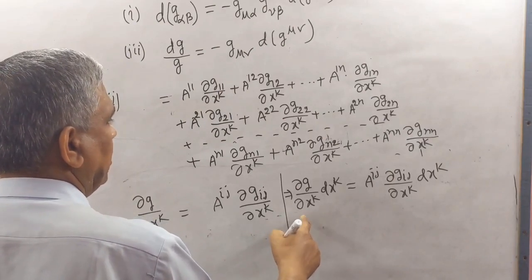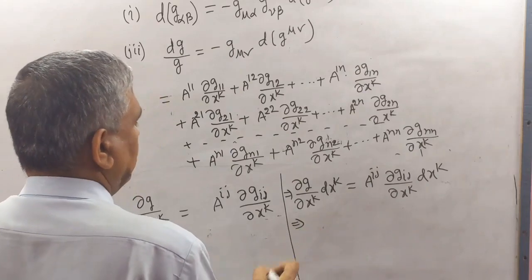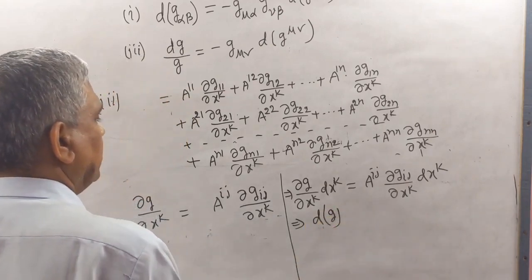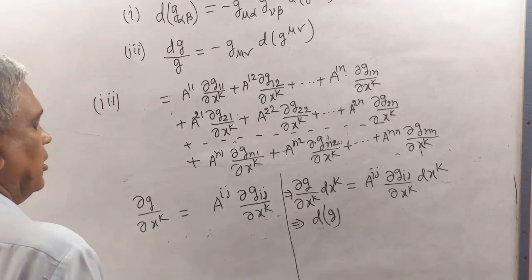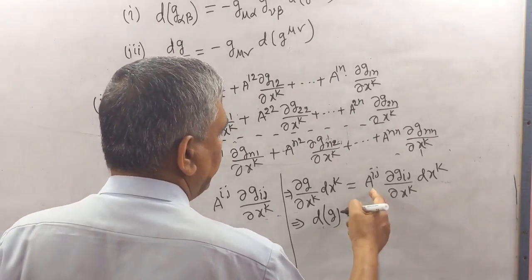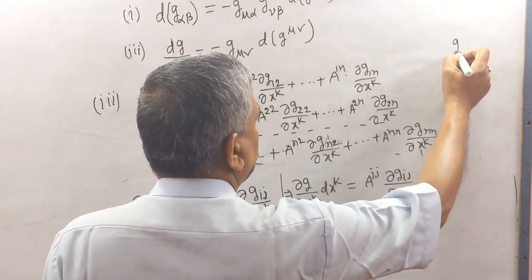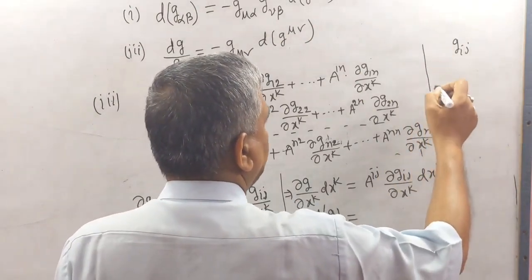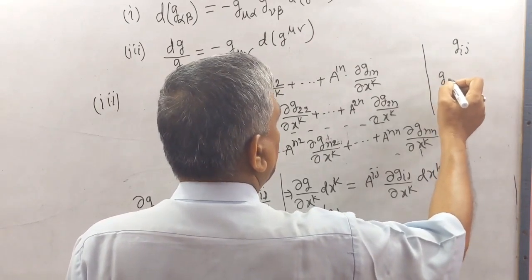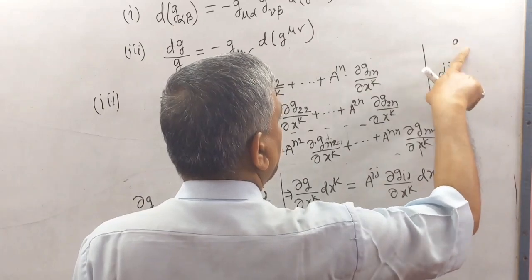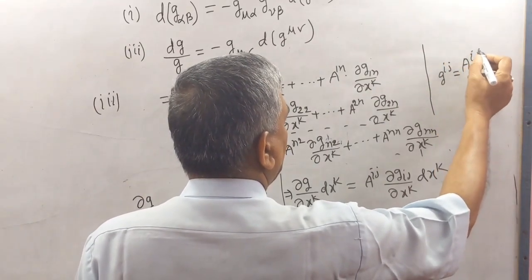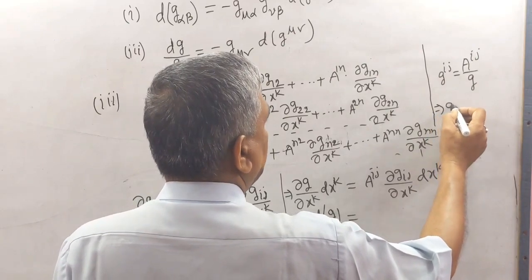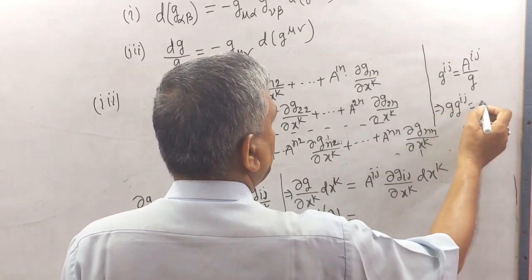The value of this will be dG, as this is k equal to 1, 2 and so on, and the right side is the cofactor of Gij, and we know that Gij equal to Aij by the determinant, which implies that Gij equal to Aij.